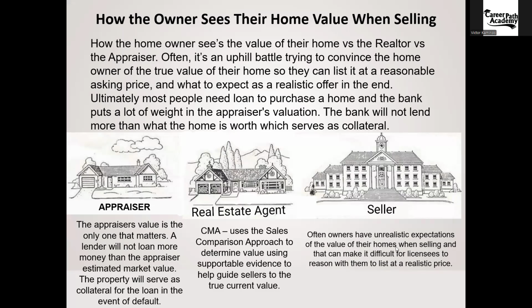And sellers often have unrealistic expectations of the value of their homes when selling, and that can make it difficult for us as licensees to reason with them to list at a realistic price. So that's a challenge that we need to overcome there.